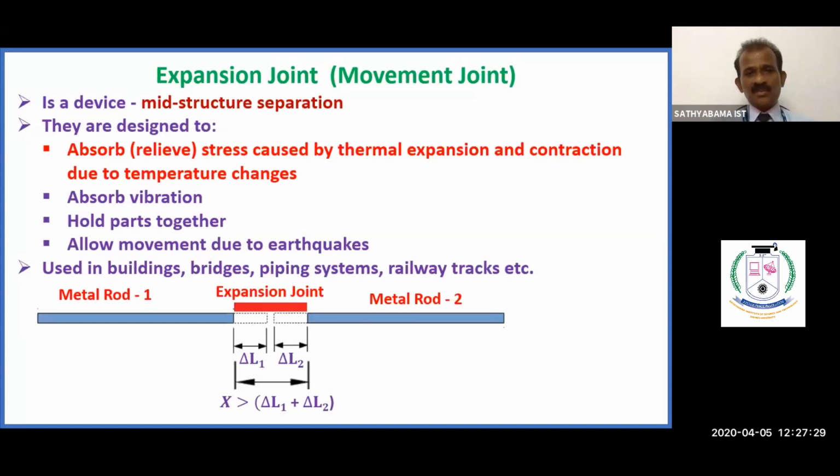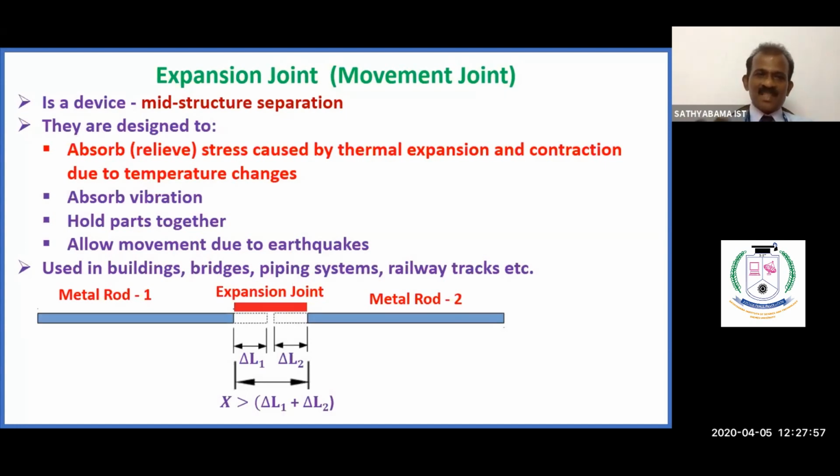Here, expansion joint: this expansion is related to thermal expansion. Normally, if you are using metal rods, we get thermal expansion of those metal rods during the summer. Similarly, during the winter, we get contraction. Therefore, that space varies during the summer and winter.